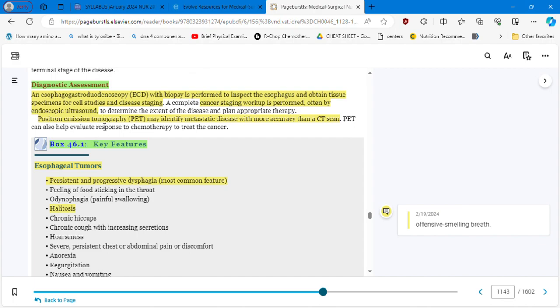Positron emission tomography, the PET, may identify metastatic disease with more accuracy than a CT scan, and the reason is because when they do the PET scan, they inject through an IV a special agent that is able to highlight the areas where the cancer has spread.